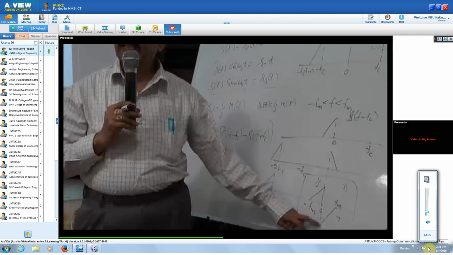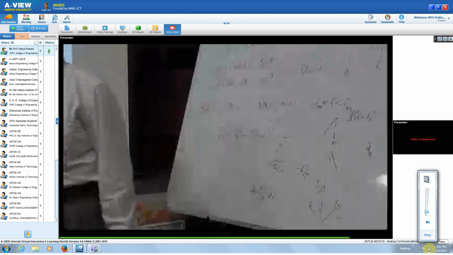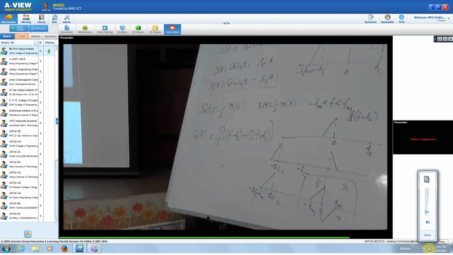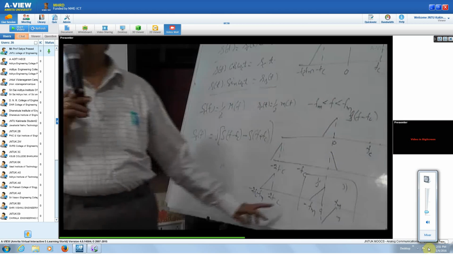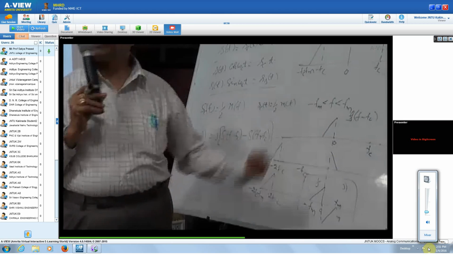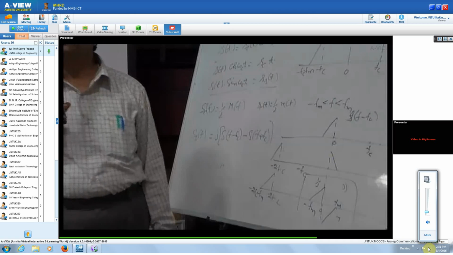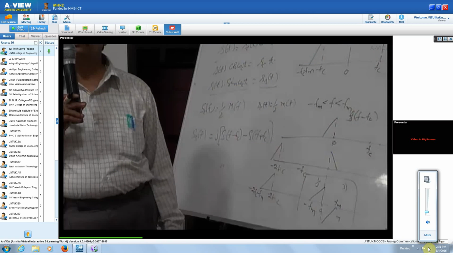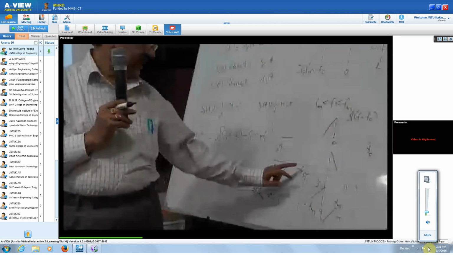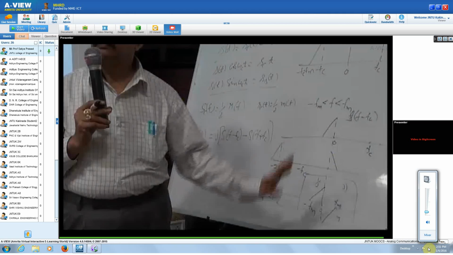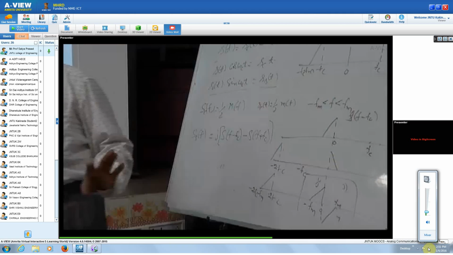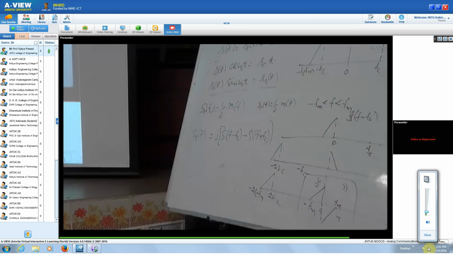So for positive frequencies, if I multiply with minus signum function, what will happen? This becomes positive. Minus becomes positive, and this will be the same, because minus into minus is plus. That way we are going to have it.